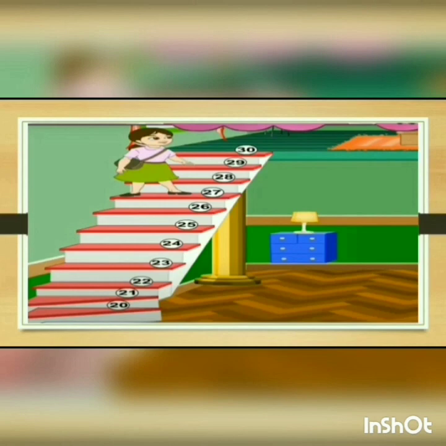It means that the numbers are arranged from 30 to 20 because the girl is climbing down, from up to down. So the numbers are arranged from 30 to 20, which means they are arranged in descending order.